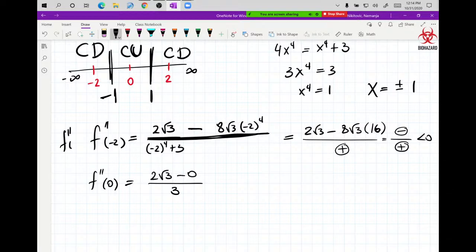So f double prime of 2 is the same thing, because when you put the even power, which is the 4th power, to a -2 or to a +2, in either way you are going to get the same value at the end.